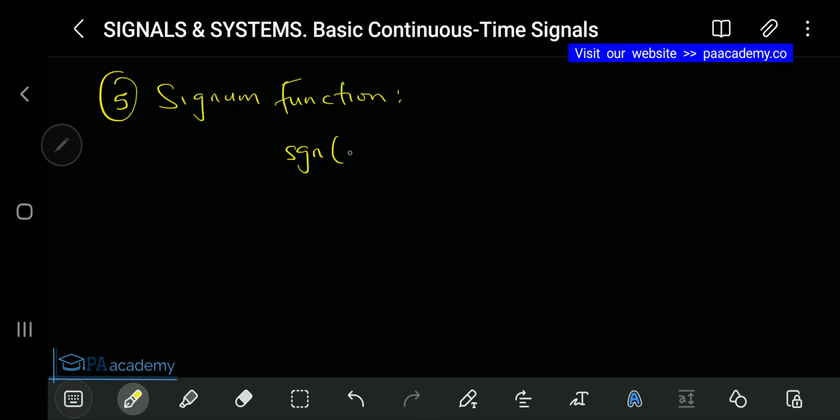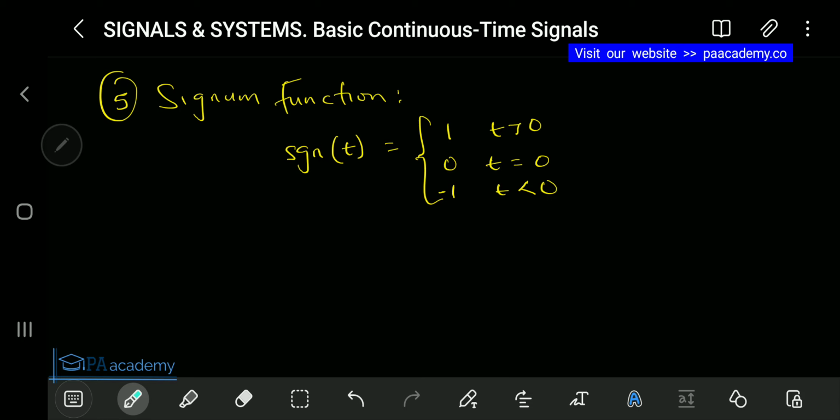SGN of t is equal to 1 when t is greater than 0, equal to 0 when t is equal to 0, and equal to minus 1 when t is less than 0.